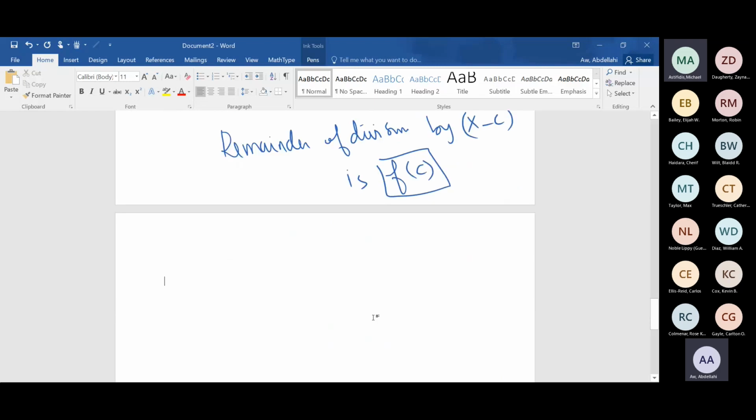For instance, I have f of x equals x to the 5th minus 9x to the 4th plus 2x minus 3.